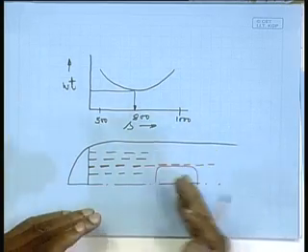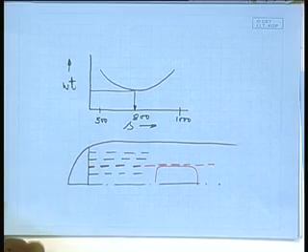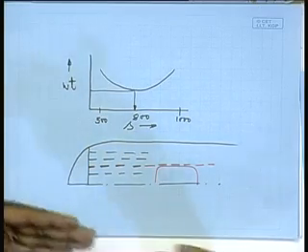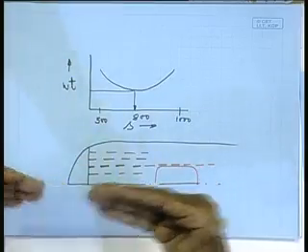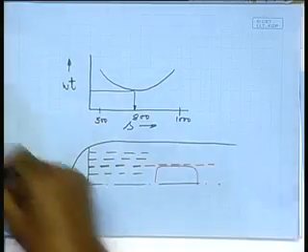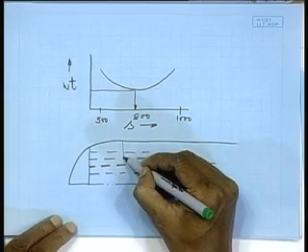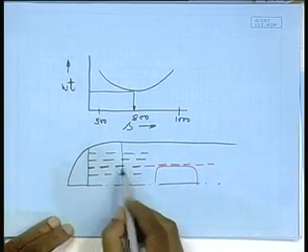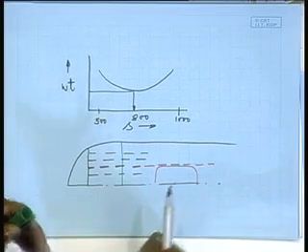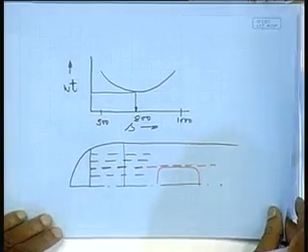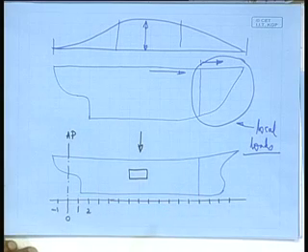The deck will be fabricated in several pieces, it could be a few hundred. When you put all those pieces together, everything should match, not only the plate but the stiffeners. Suppose there is a joint here, all these longitudinals should match. So that is how the frame spacing concept is used.